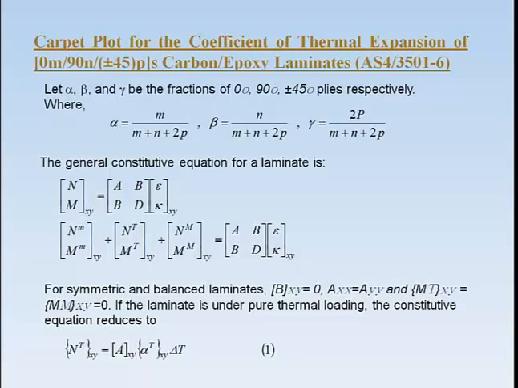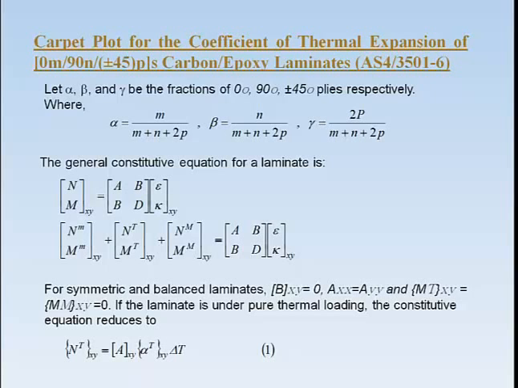The general constitutive equation for a laminate is matrices of N, M equal to matrices of A, B, B, D into matrices of epsilon and radius of curvature. That is, Nx, Ny, Nxy, Mx, My, Mxy equal to A, B, B, D into matrices of epsilon and radius of curvature of xy.